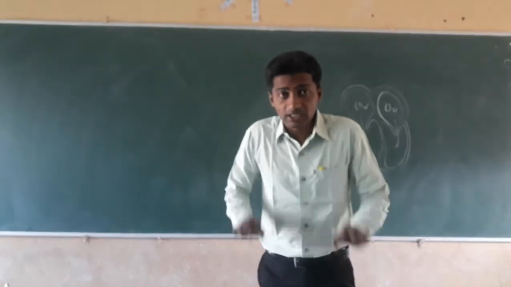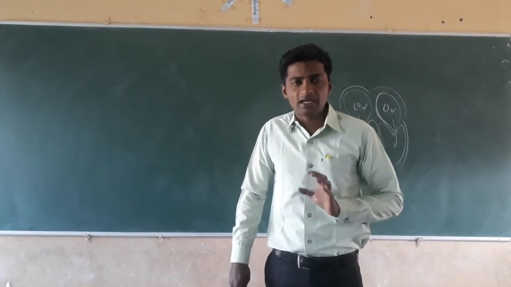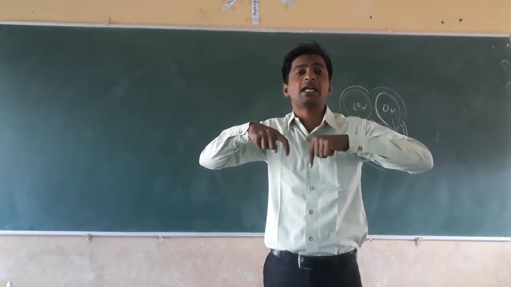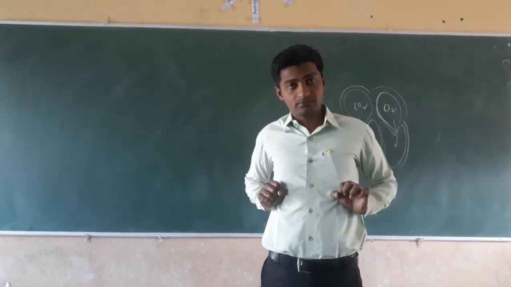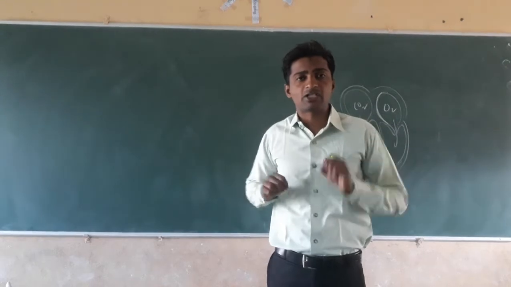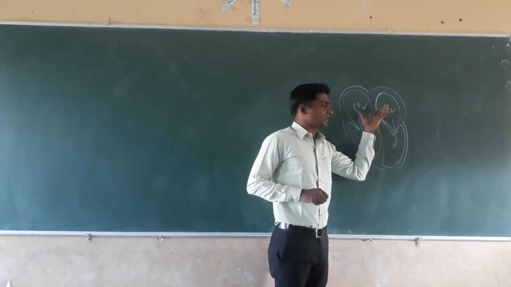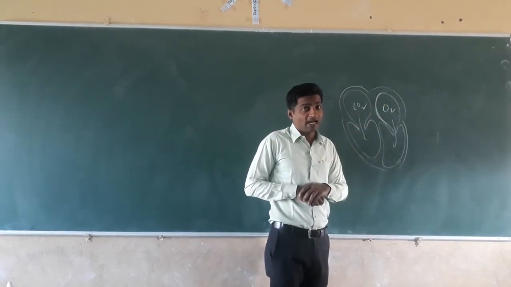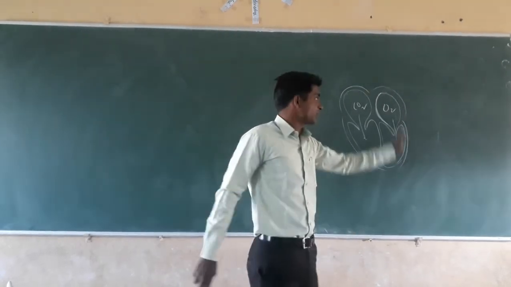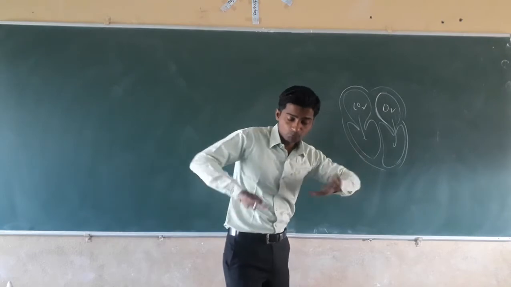It means in the case of the four-chambered heart, the oxygenated and deoxygenated blood enter separately at a time into the heart, in separate chambers. But in the case of the three-chambered heart, mixing of oxygenated and deoxygenated blood is going on. Here there is no mixing.